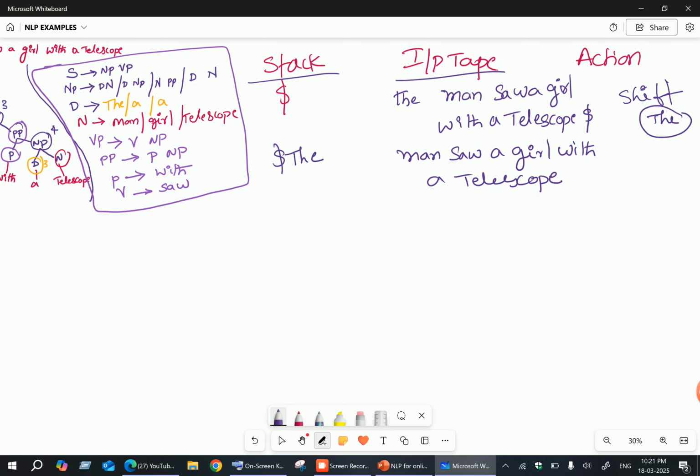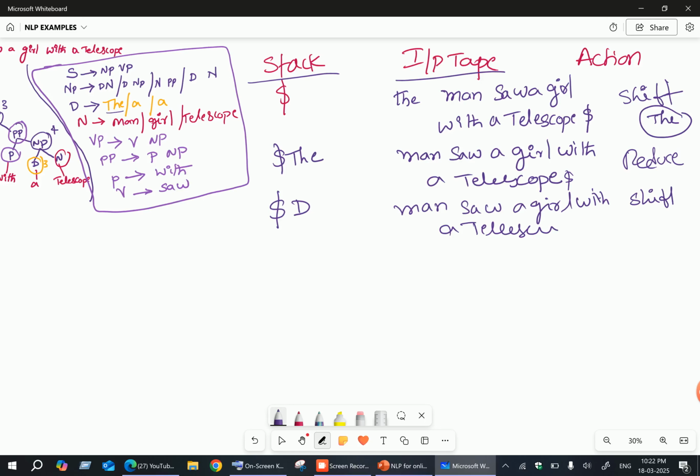Then the, you can check in the grammar, it is determinant. So you can perform reduce. So now dollar D and man saw a girl with a telescope.